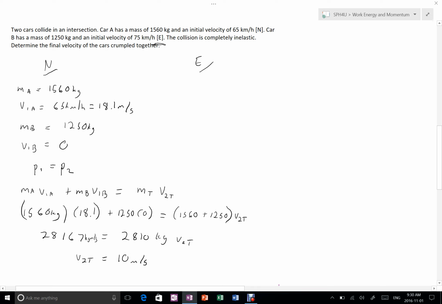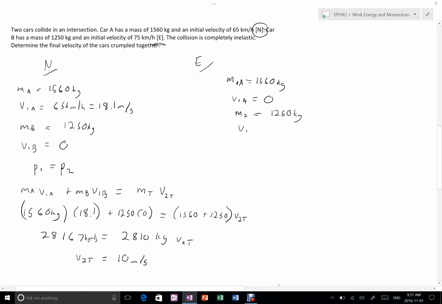Okay. In the east direction, I have my mass A, which is 1,560 kilograms. My V1A, keeping in mind that it was going straight north, and in the east direction it wasn't moving at all, is 0. Mass B is 1,250 kilograms.